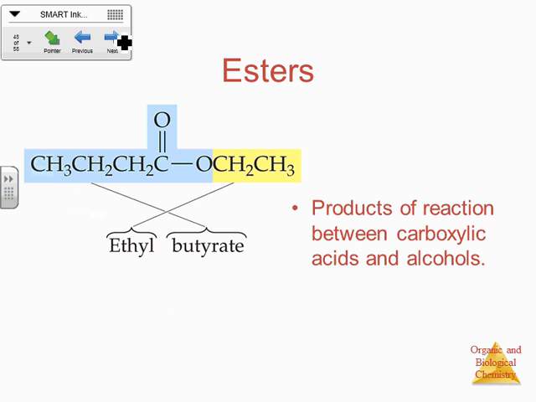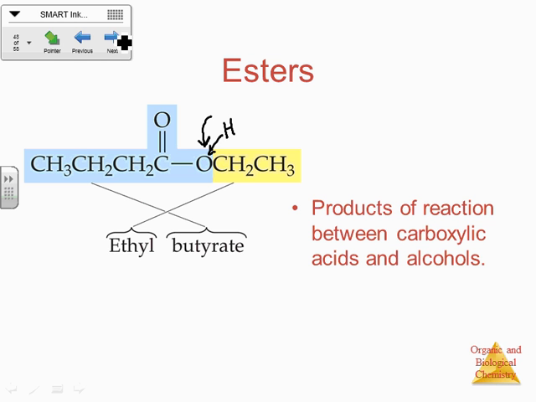Esters. Esters are actually important in fragrances, and these get produced because of a reaction between a carboxylic acid and an alcohol. Essentially what happens here, this did have a hydrogen attached to it before. That hydrogen comes off, and then you end up with this.